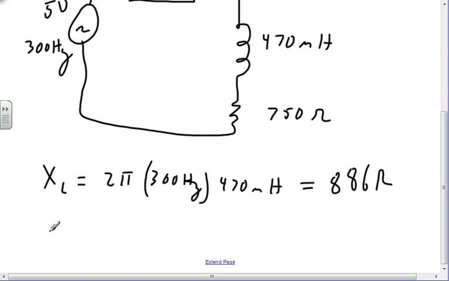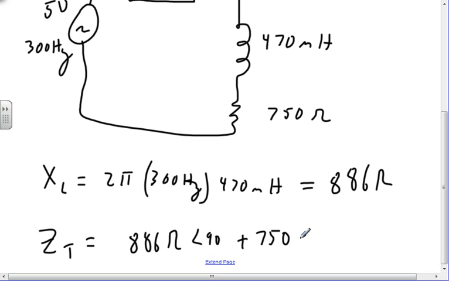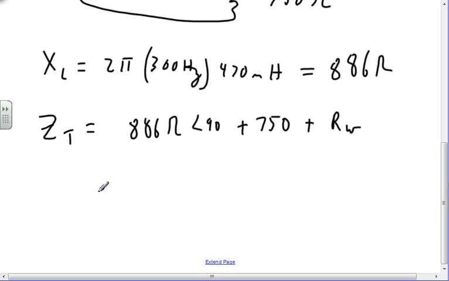Now, impedance total. Impedance total is going to be 886 ohms, angle 90, plus 750, plus the winding resistance that we're going to have to come up with. Okay. And impedance total is voltage source divided by current total.